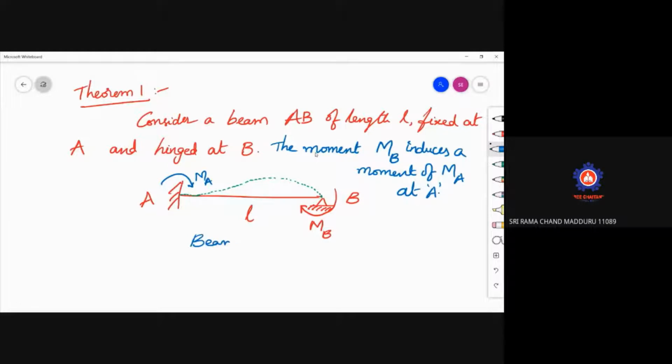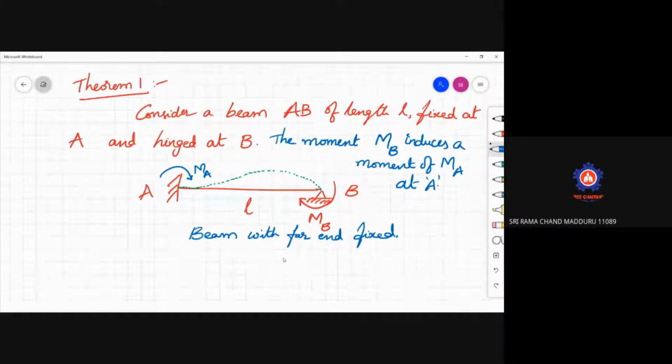You can write down the caption as beam with far end fixed.